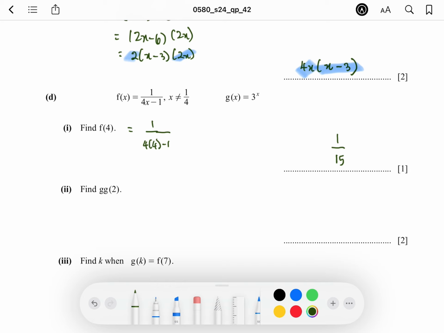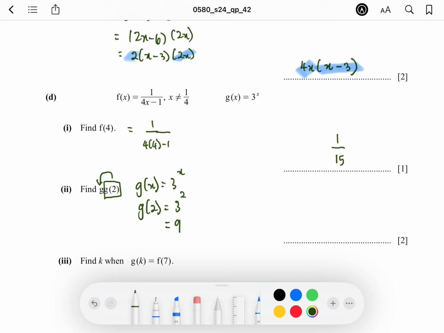Okay, next one. So this one, you find G of 2 first, and then put the answer of G of 2 into G. Do the one nearest to the bracket first. If G of x equals 3 to the power of x, that means G of 2 is 3 to the power of 2, which is 9.